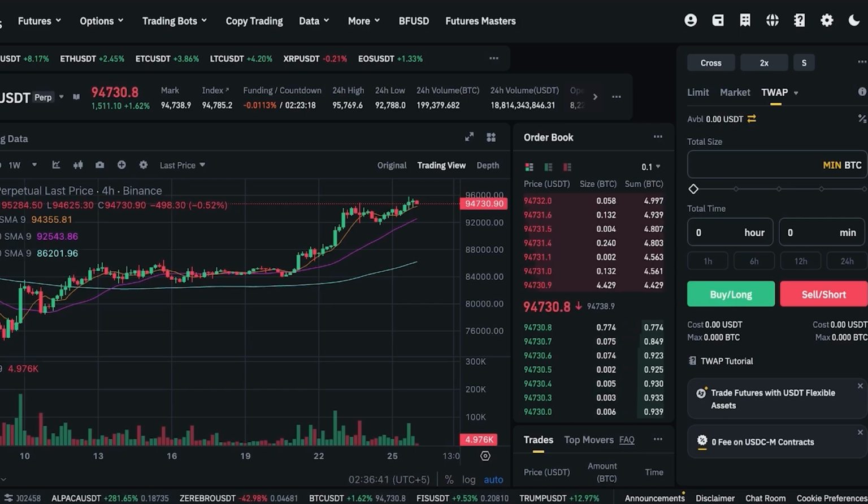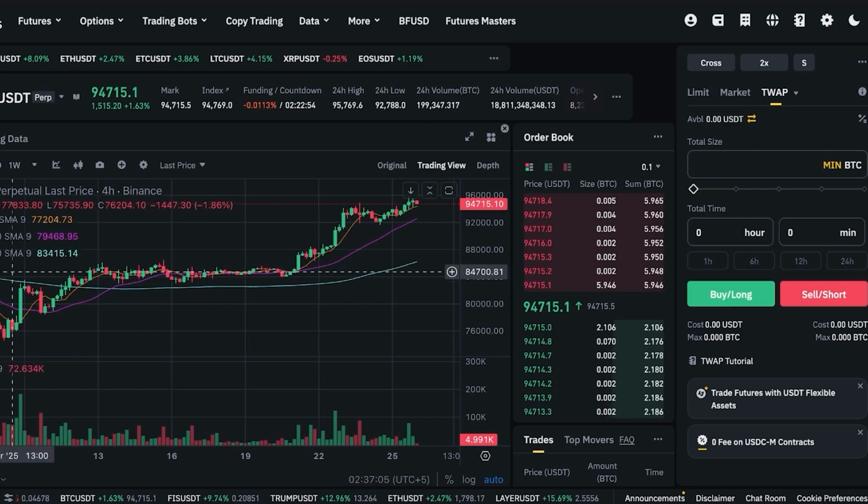This is usually for seasoned traders that are going to be trading in large volumes. Then you have the multi-symbol trading page where you can monitor and trade multiple pairs efficiently. You also have customized alerts for notifications. And then you have grid trading, which automates buying and selling orders within a defined price range. This is ideal for sideways or volatile markets.